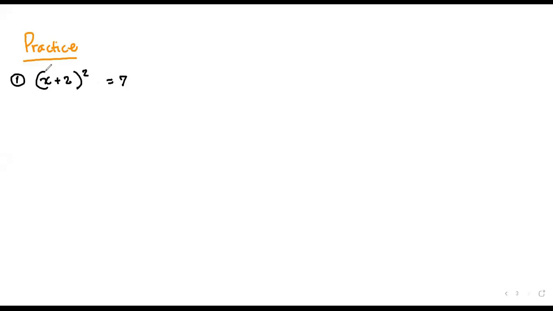So when we take the square root on both sides, we will have x plus 2 is equal to positive or negative square root of 7. So what is the square root of 7? Anyone can tell me the square root of 7?